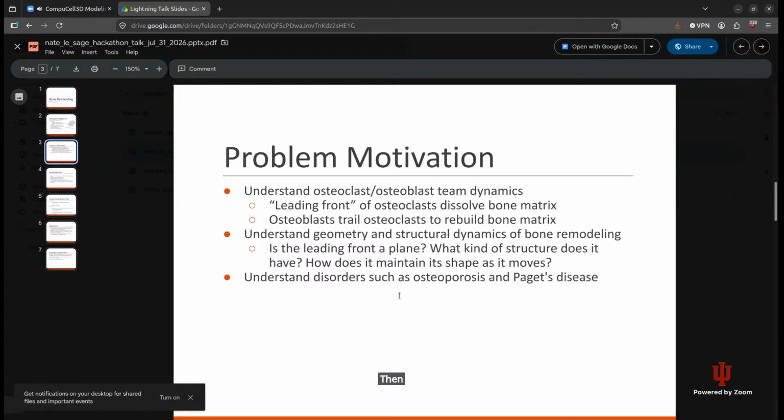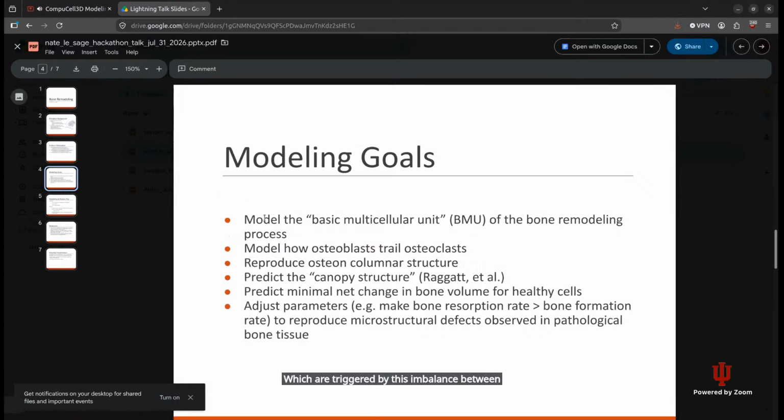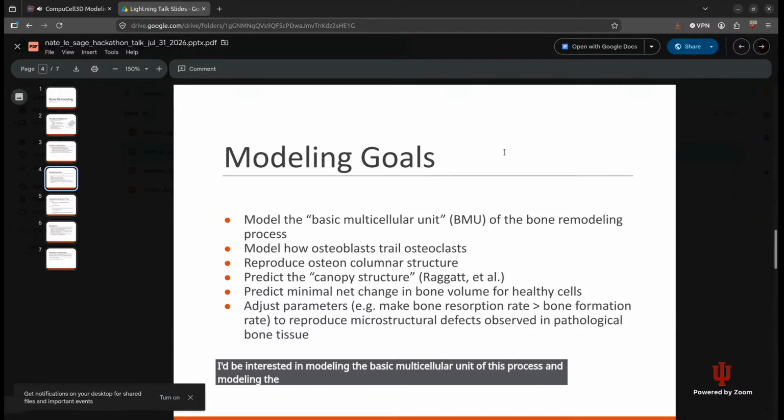Then I would want to understand how disorders in the mechanics of these cells lead to diseases like osteoporosis and Paget's disease, which are triggered by this imbalance between osteoblasts and osteoclasts.